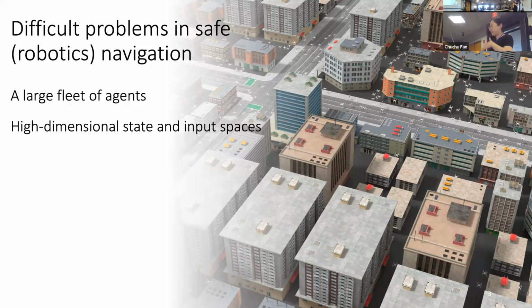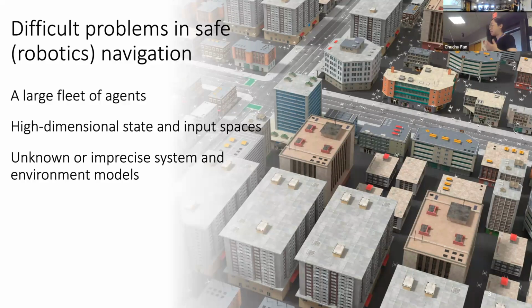So for complex systems, their state space could be huge, and we all know for control problems, a large state space could cause an issue. And the input space is when we talk about perception-based control, where sometimes people use pixels or LiDAR point clouds to directly control the system. Then the input space we are facing is very large compared to the traditional control problem. How do we guarantee safety in these cases?